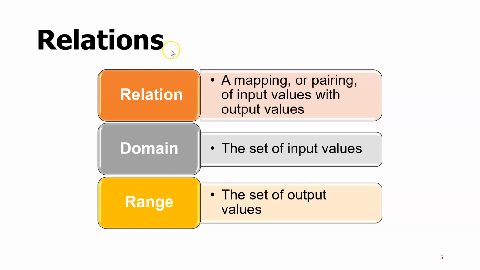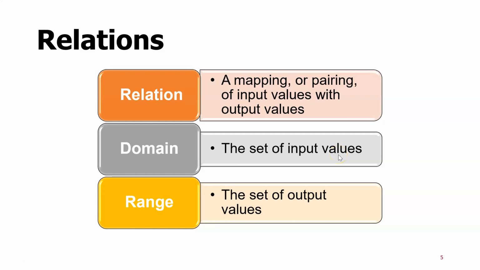So what is relation? Hubungan. So relation is actually a mapping or pairing of input values with output values. So there must be a pair, a mapping or pairing, ada pasangan. Okay. In relation you will have domain and range. So domain is the set of input values.